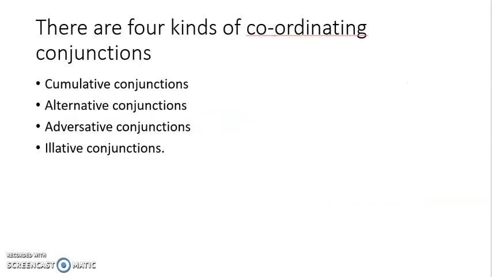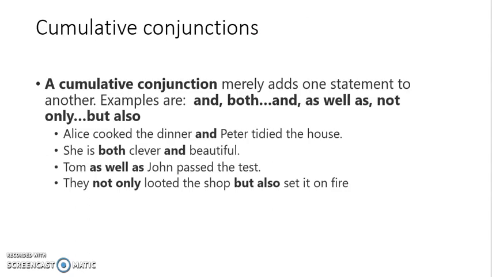So there are basically four kinds of coordinating conjunctions. Coordinating conjunctions are used to connect clauses or phrases of equal rank or equal importance. They are cumulative conjunctions, alternative conjunctions, adversative conjunctions, and illative conjunctions. We will look into detail what these categories are.